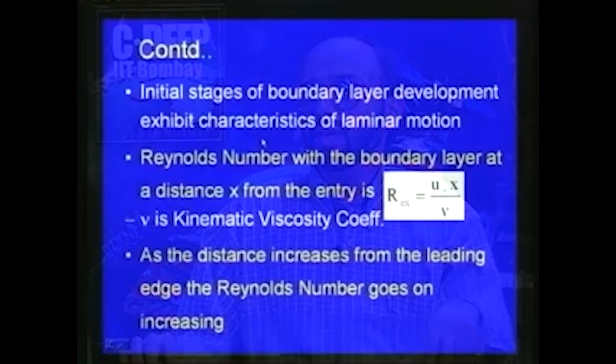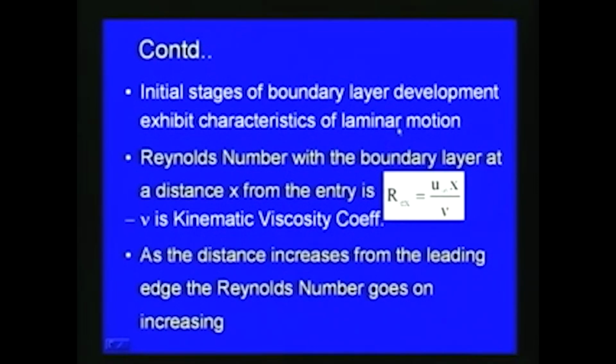When the Reynolds number increases, the flow obviously may become turbulent. The initial stages of boundary layer development exhibit the characteristics of laminar motion. If you define the Reynolds number at a distance x as Rex equal to u infinity into x by nu, u infinity is the free stream velocity, x is the distance we consider, and nu is the kinematic viscosity coefficient.